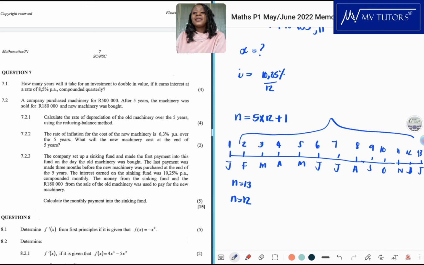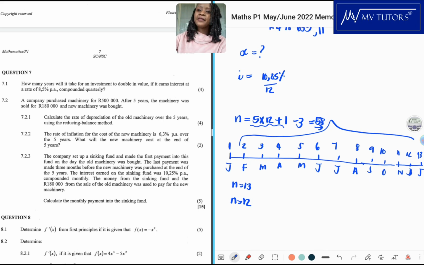So if it wasn't made 3 months before, this would be N. But because it was made 3 months before, I have to then subtract the 3. I hope we are still together. So 5 times 12, that is 60, plus 1, that's 61, minus 3, that is 58. Okay, 58 months. If you did not add that 1, you would have probably used 57, and that would be incorrect.